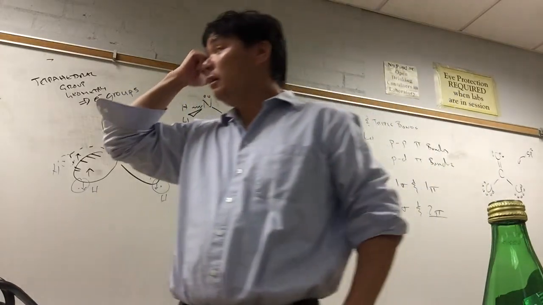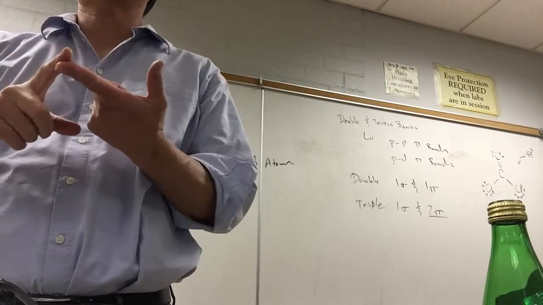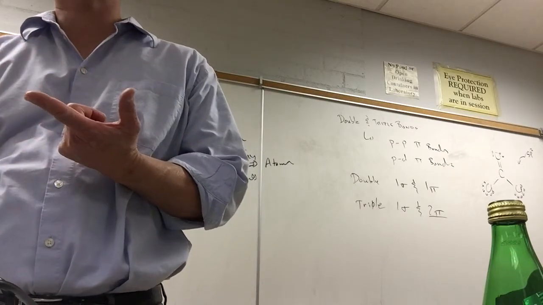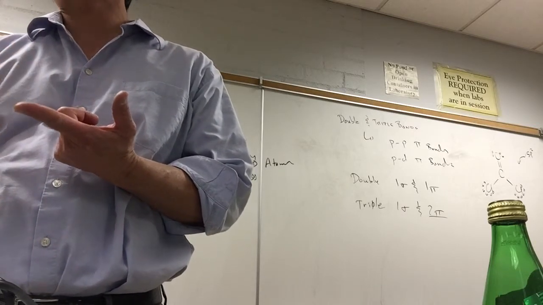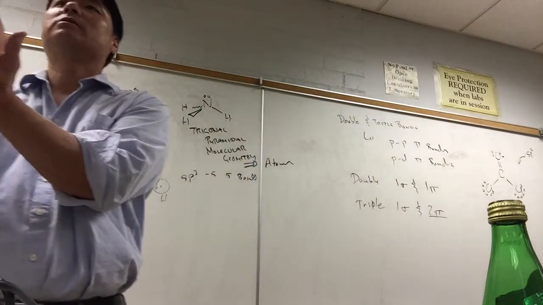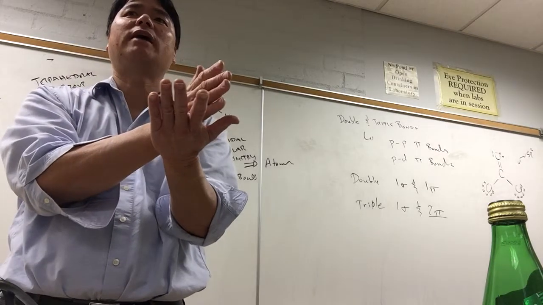When I'm talking about these hybridizations, we talked about sp. sp is 50% s. sp2 is 33 1/3% s. sp3 is 25% s. They don't just stop at those numbers, 50, 33 1/3, 25.